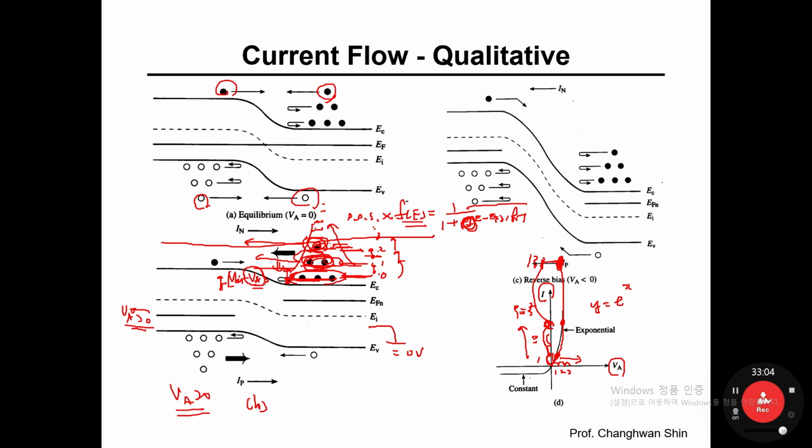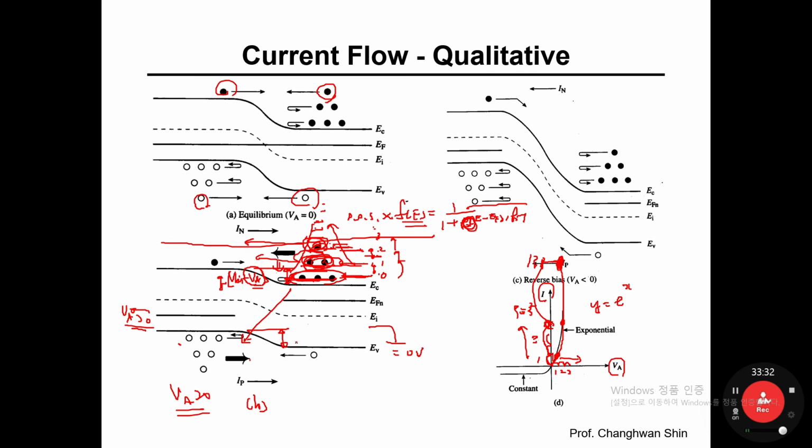Similarly, you may imagine how holes are moving into the N side from the P side. Again, the hole follows the Fermi-Dirac distribution, so once this potential energy barrier height has been lowered linearly, the total amount of holes that can participate in flowing into the N side would increase exponentially.